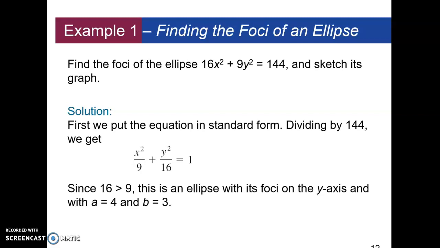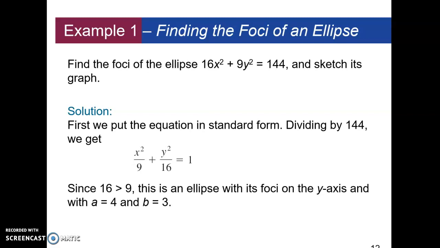So, again, it's a tall ellipse. So the vertices will be on the vertical axis. So that a will be the y coordinate: (0, 4) and (0, -4). And the b will be the x coordinate of the edges along the minor axis: (-3, 0) and (3, 0).